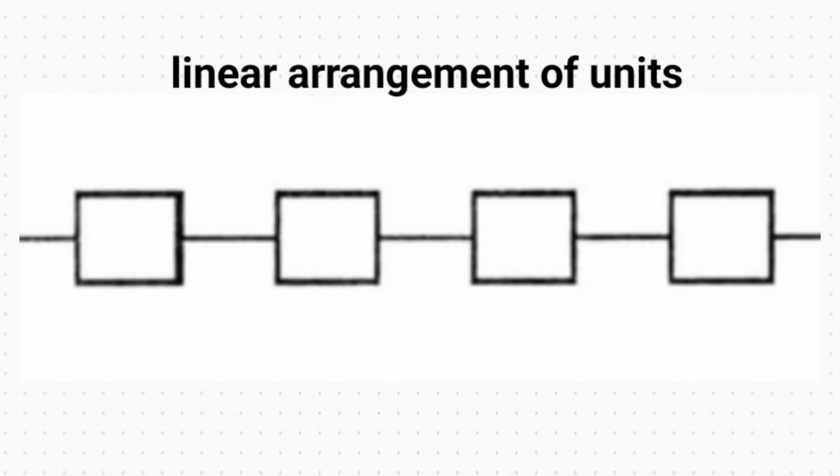In this picture, each square is a unit or monomer unit in a plastic, where monomer units are arranged in a linear pattern. One monomer unit is linked to only two neighboring units.